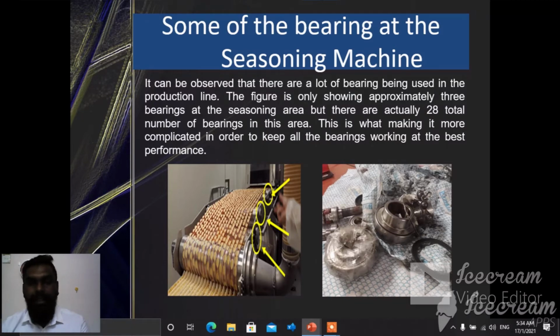The main part is seasoning, where they use a lot of bearings. The first picture shows the bearings used in the seasoning machine. The second one is the picture of the damaged bearing, the cause of the downtime.